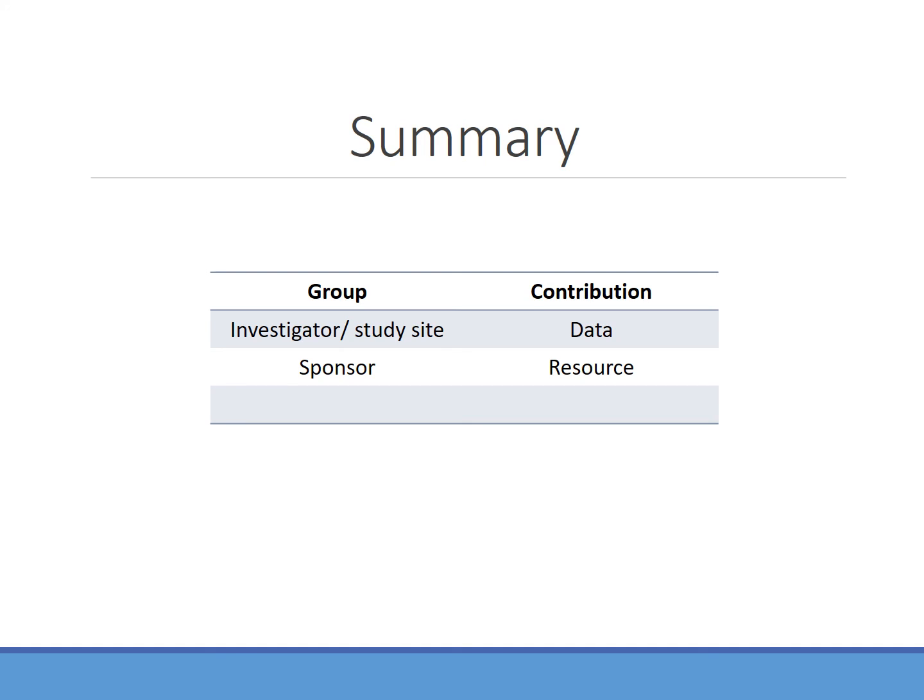So remember, this is the group that is providing money and the structure to conduct the trial. And oftentimes the sponsor will own the medication or the drug device that's being investigated. And then there's the IRB, the Institutional Review Board, and they provide the ethical oversight. All three of these groups have to be together in order to have a study conducted.